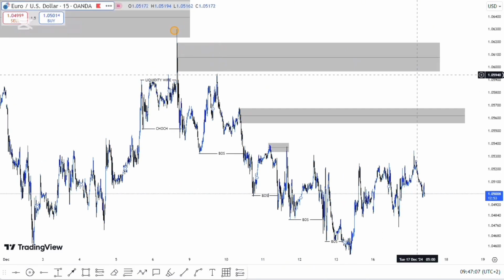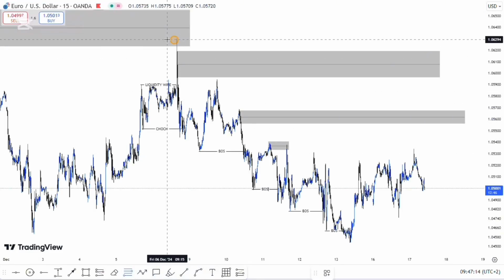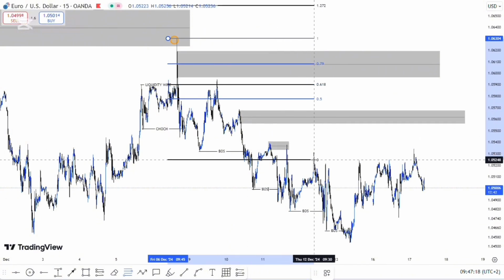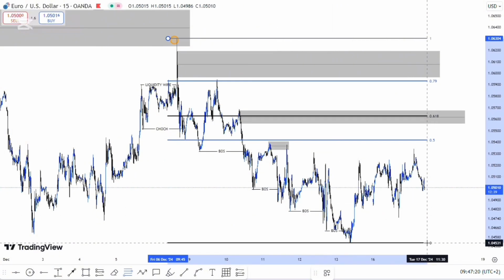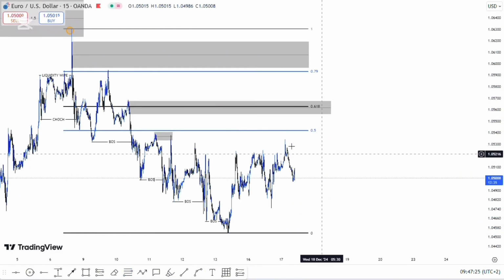wait for the extreme zone, which is our last order block, and to confirm that, we also can use a Fibonacci retracement, which we can mark from the last reversal point to the previous low.